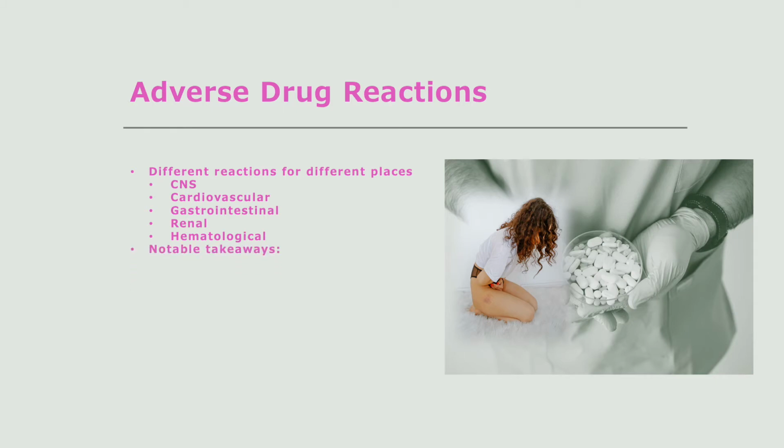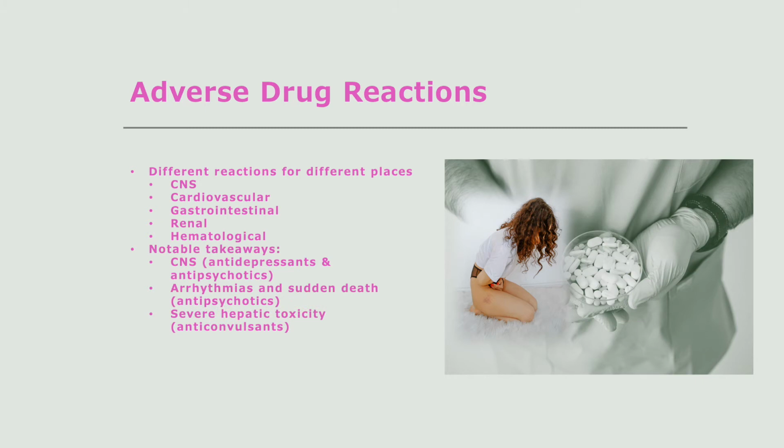Although there are some notable takeaways, for example, adverse drug reactions of the central nervous system are quite diverse. However, they have been mostly linked to the use of antidepressant drugs and antipsychotics. Antipsychotic drugs have been associated with arrhythmia and sudden death.